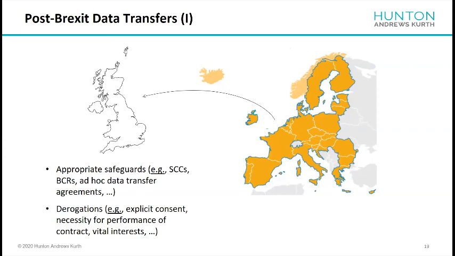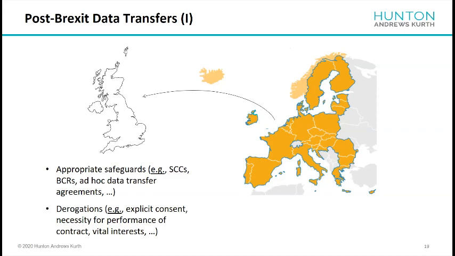However, as Rosemary already indicated, this may change if both regimes drift apart through case law or regulatory or legislative actions, or even relationships with other third countries, such as the States. In terms of transfer mechanisms, the same mechanisms will be available to legitimize transfers to the UK as the ones recognized in Chapter 5 of the GDPR for any other non-EEA transfer.